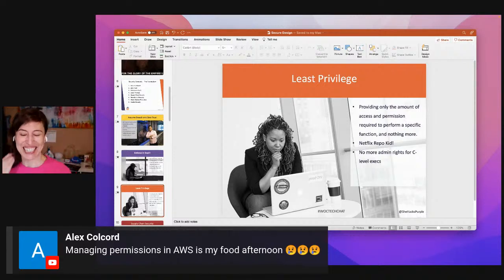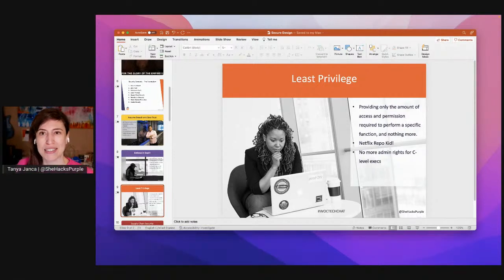I love it. But least privilege can apply to all sorts of things, right? For instance, I have mini humans, also known as children, and when they end up getting a key, they're going to get a key just to the house, right? And then eventually they might get a key to the garage, or eventually, in like 10 years from now, they'll get a key to the car.